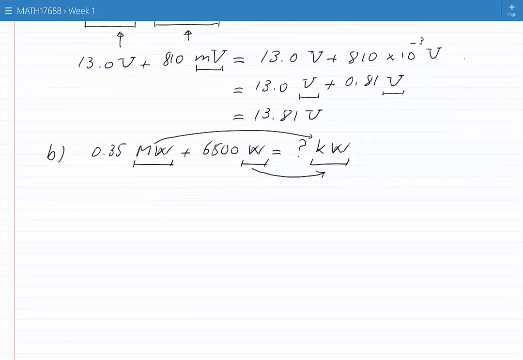Okay, we know that mega means 10 to the power of 6. We can write that as 10 to the power of 3 times 10 to the power of 3. So this is 1000 kilo.